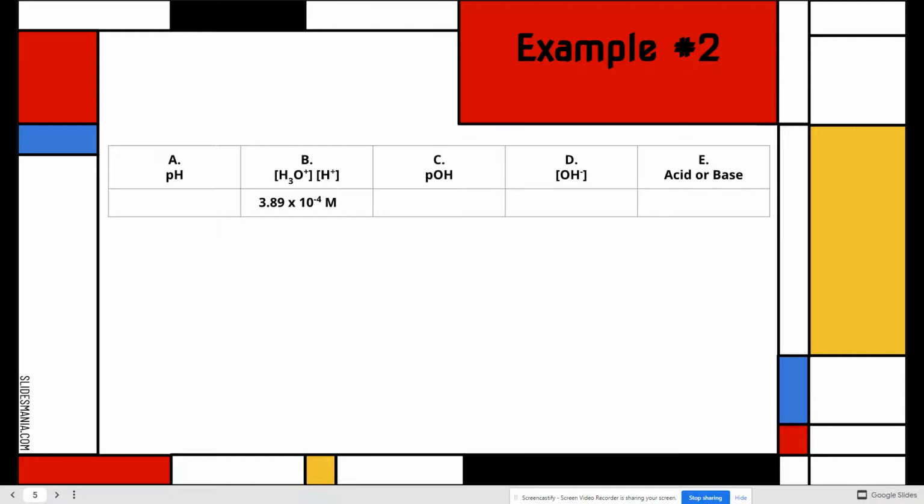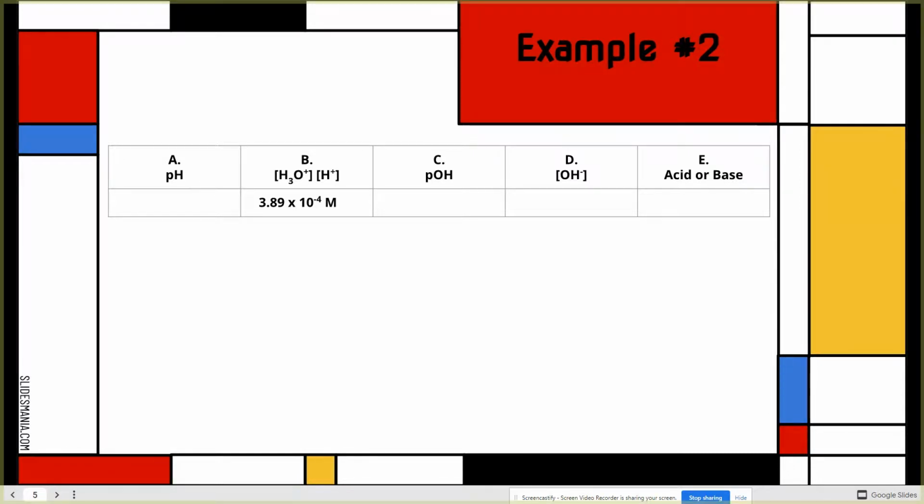What I have here, guys, is the concentration of H plus. How do we get anything out of here? If you look at our formula, the first thing that you can actually get would be pH. And this would be pH is equal to negative log of the concentration of H plus.